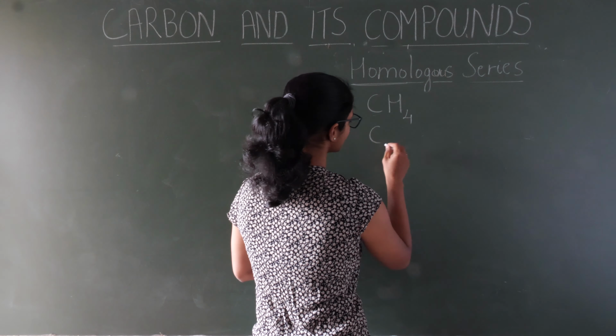Just observe the difference in carbon atoms: methane with respect to ethane is 1 carbon atom, and the difference in hydrogen is 2. You will observe this, right? And with respect to ethane and propane, the same difference.